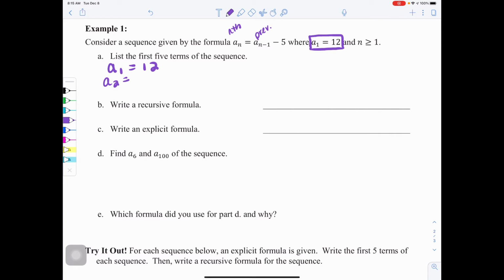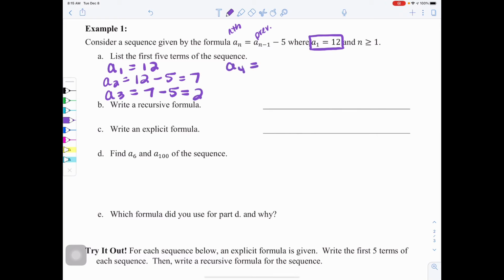I'm going to use the term that came before it, which is a sub 1, which is 12, and I'm going to use the common difference of minus 5 to see that a sub 2 is 7. To get a sub 3, I need to use the term that came before it, which is a sub 2, which is 7, and then the common difference to see that a sub 3 is 2.